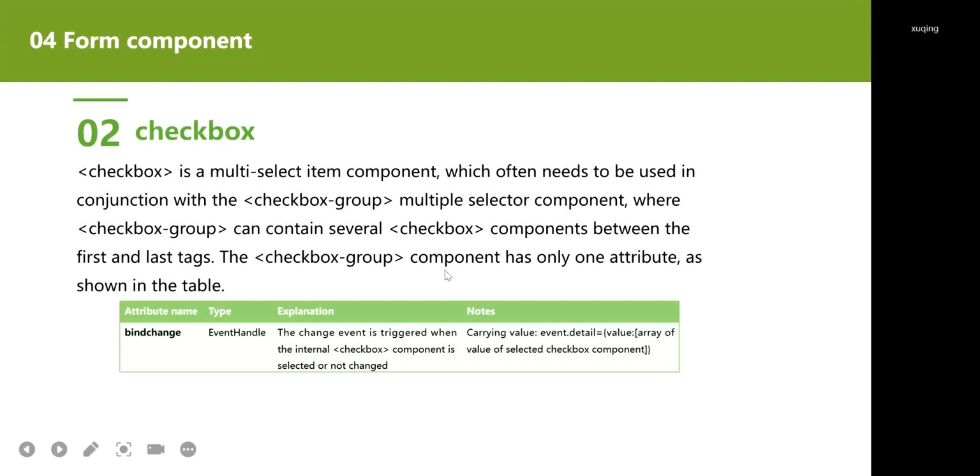And the checkbox-group component has only one attribute, as shown here in this table. We have just one attribute, bindchange, with the change event triggered when the internal checkbox component's selected state changes. We should pay attention to the carried value, like here.